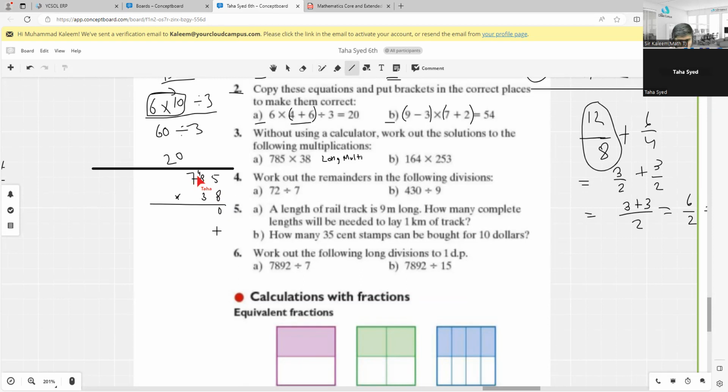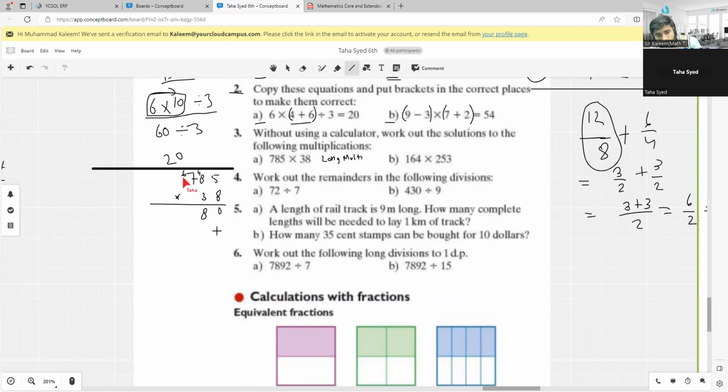No, 64. I also have to add 4, so if I add 4 to 64, that is 68. So 8 will be here and 6 will be carried.